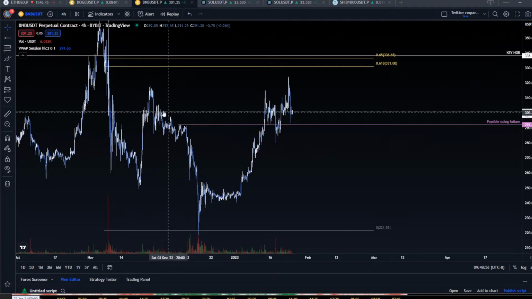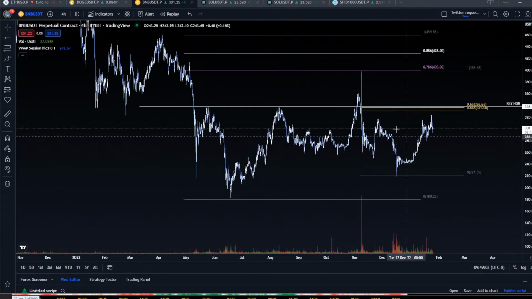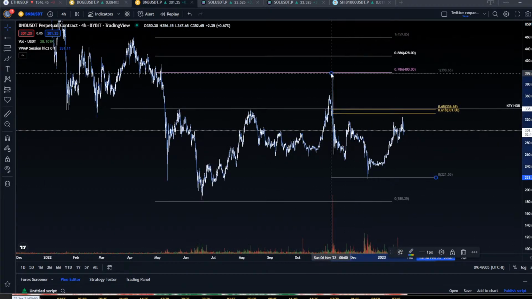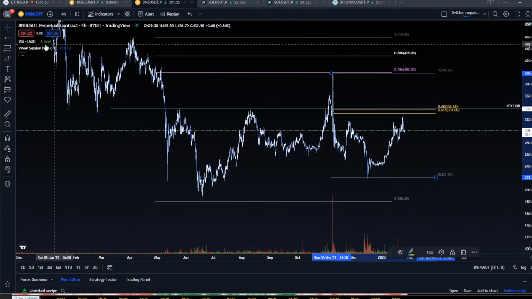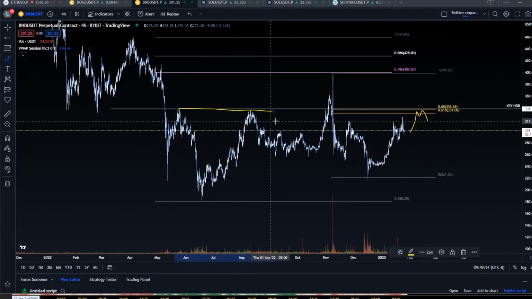There's probably some retest ideas here. Again, we're developing kind of a swing failure setup into the local golden pocket. It's also a retest of these old highs.